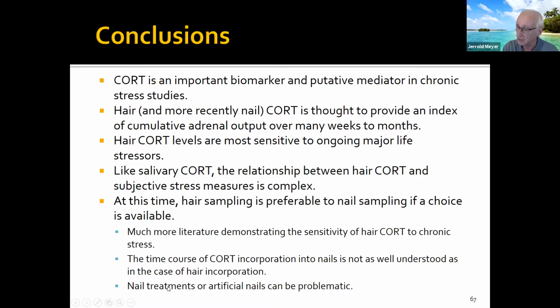Nail treatments, especially nail polish remover, which contains acetone, which is a solvent for steroids. People, most typically women, who are wearing artificial nails don't want to take them off. So it's not immune from all problems, just a different set of problems compared to hair.